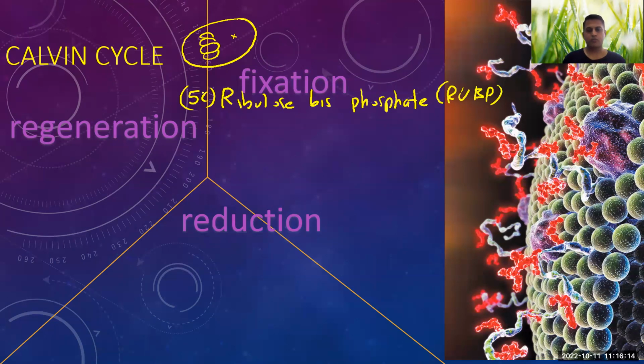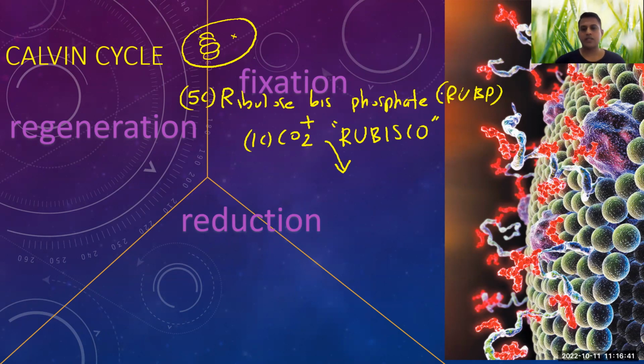So ribulose bisphosphate is going to react with carbon dioxide. Carbon dioxide has 1 carbon. And this reaction is catalyzed by the enzyme Rubisco. Usually, this is the abbreviated form of the enzyme.